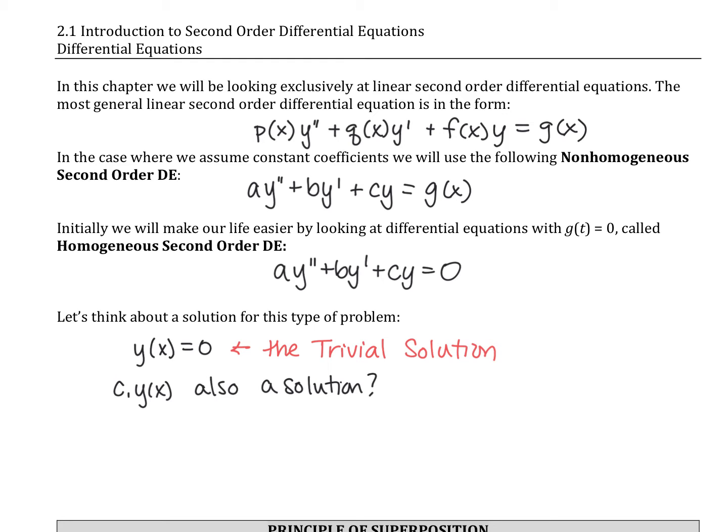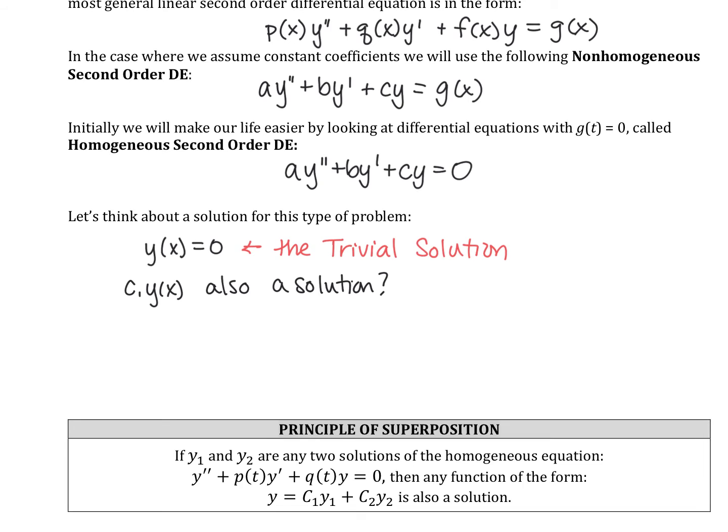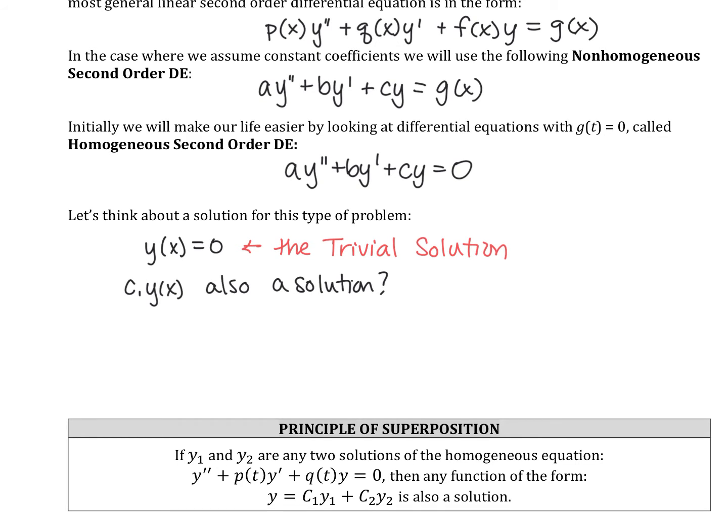If y of x is a solution, can I multiply it by a constant and have a solution as well? Now, will that hold whether or not I'm using the trivial solution? Let's try a different solution. Let's say, for example, I want to use g of x. And I'm going to tell you that assume g of x is a solution. Okay?